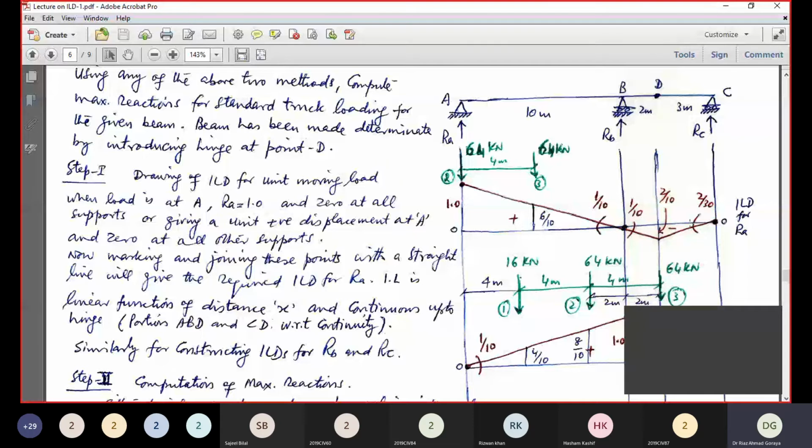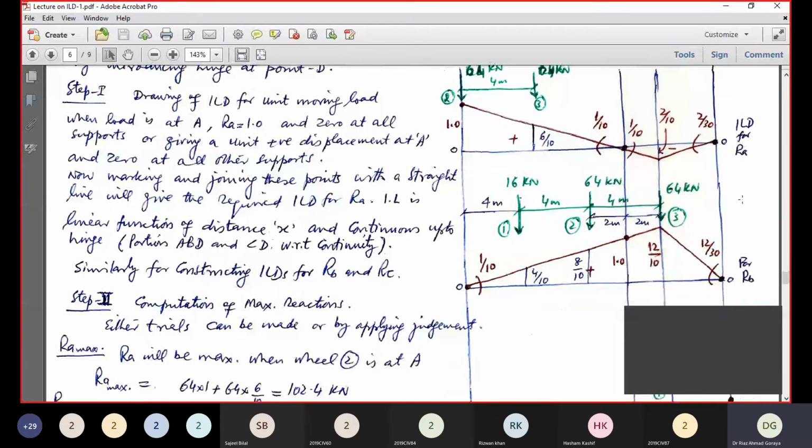Now this slope will be this ordinate divided by this distance, 2 by 30. Simple geometry. Similarly, 12 by 10, and this ordinate divided by this horizontal distance gives the slope, that is 12 by 30.